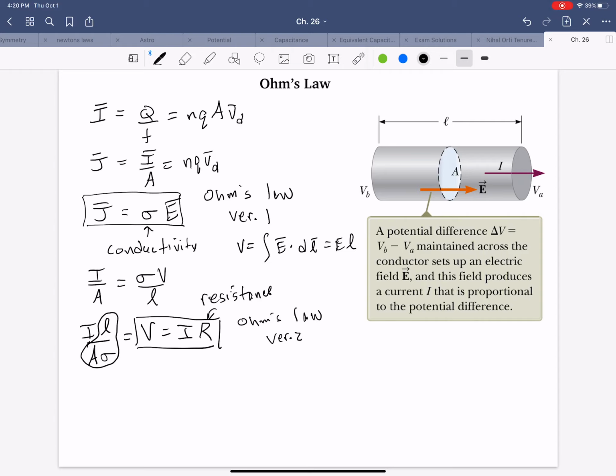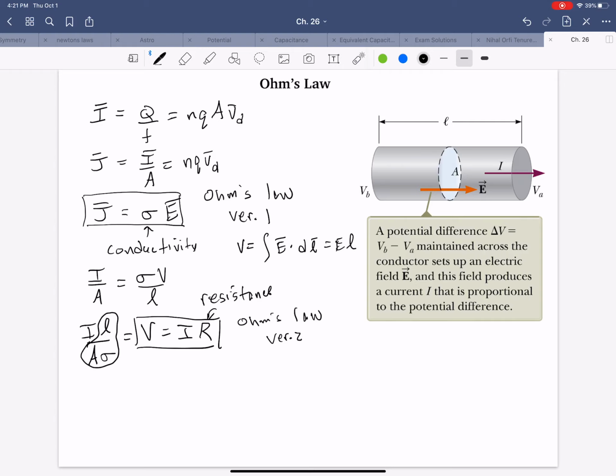V equals IR. The voltage supplied from a battery or some source is directly proportional to the current that flows in a wire connected to that source. It's related by the amount of the resistance, and that's a constant for a given wire. Again, you can change out wires, you can cut a wire in two.